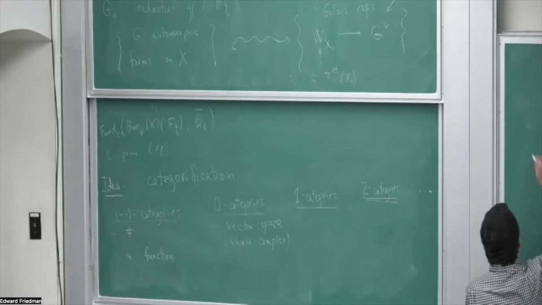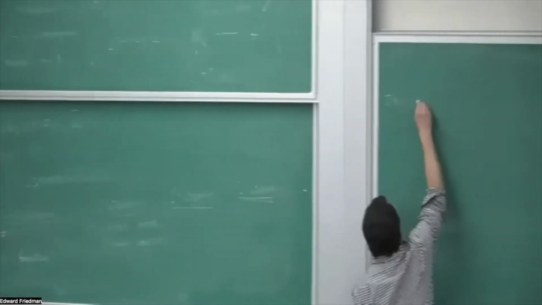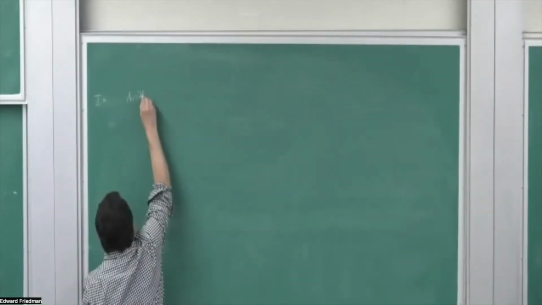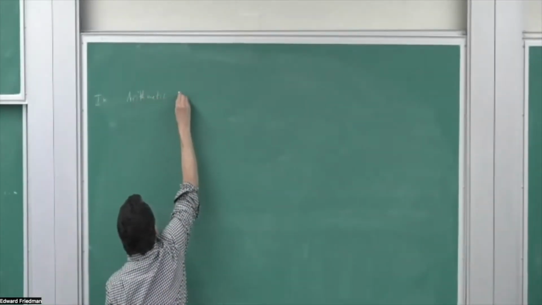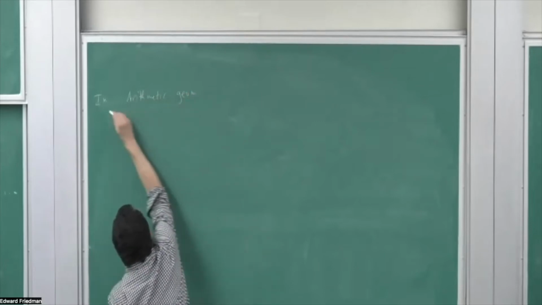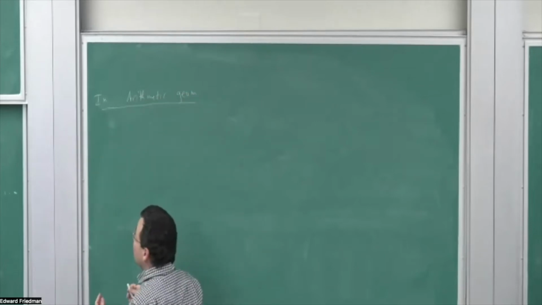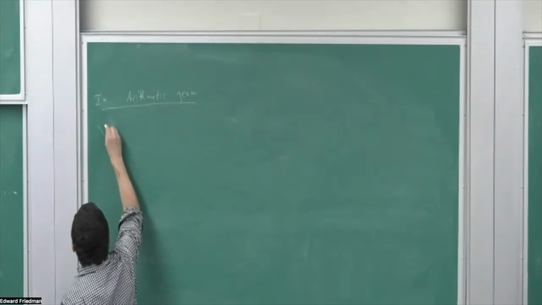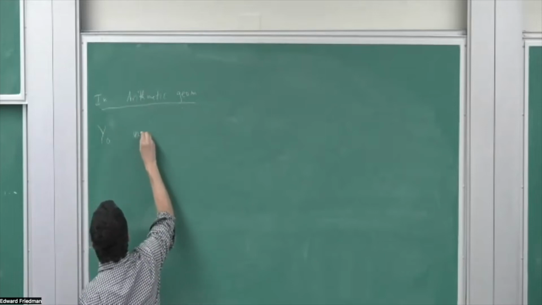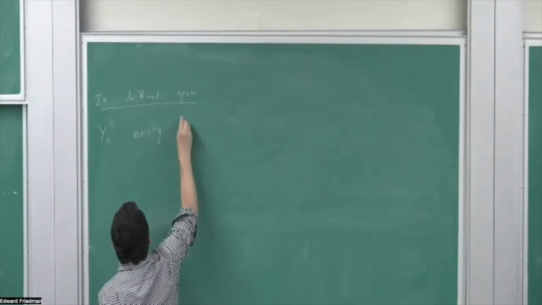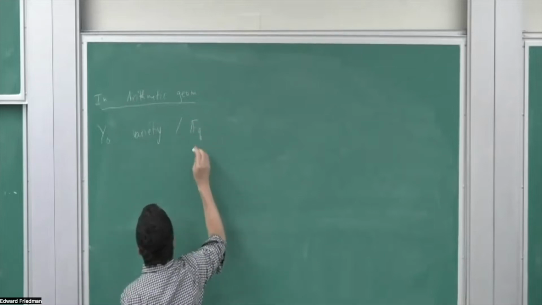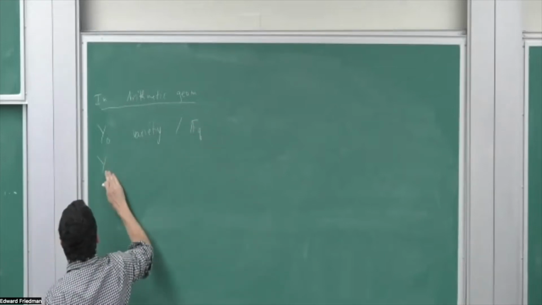So in arithmetic geometry, one typically studies the following problem. Suppose I have some variety and the field, and again, Y will be this.